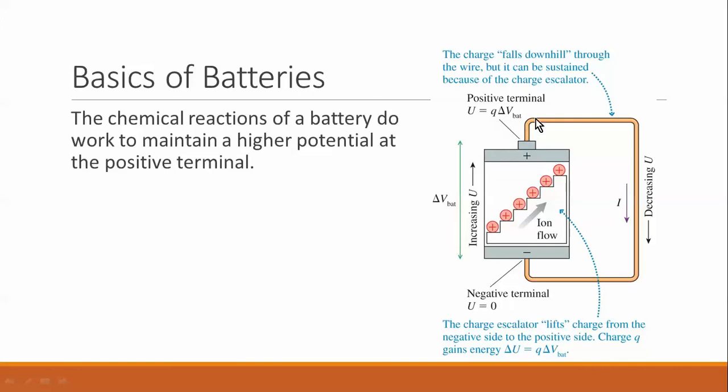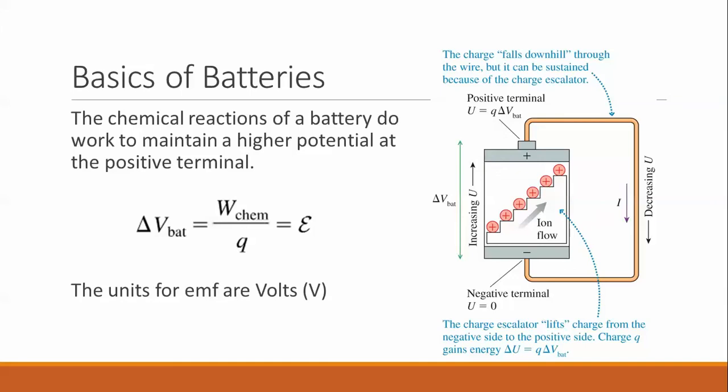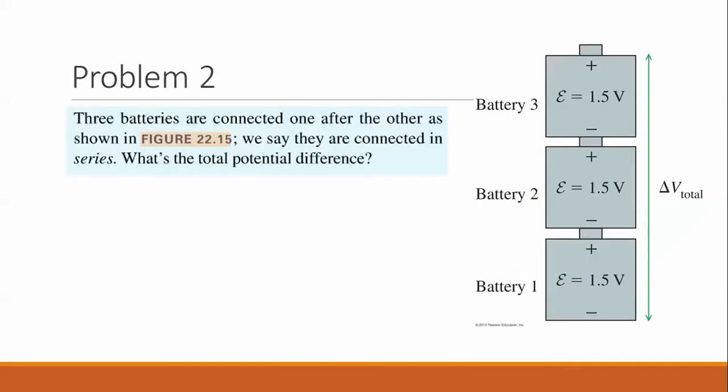And as you go through the circuit, our potential energy decreases, and then we get to the negative terminal where our potential energy goes to 0. And again, the change in potential across the battery is the work done inside the battery per unit charge, and that's our EMF. The units we use for EMF are volts, capital V.